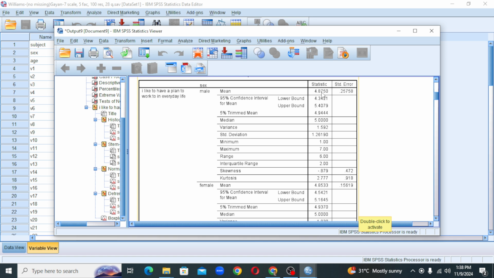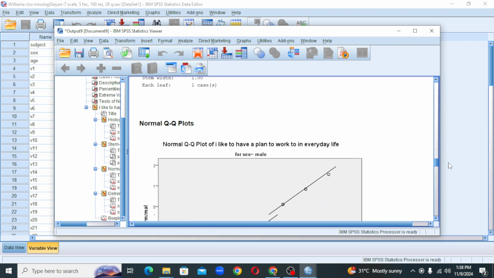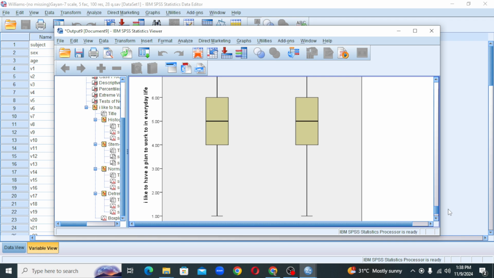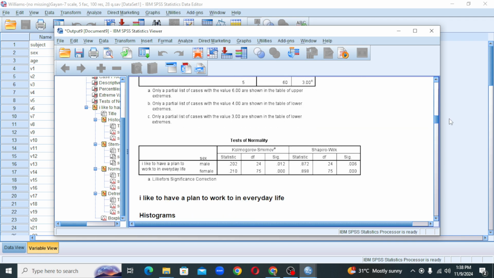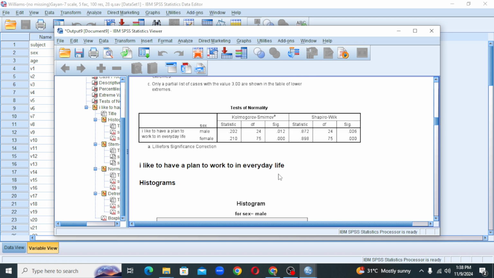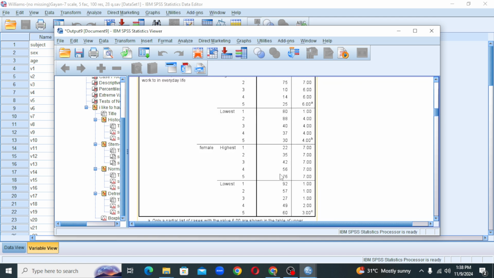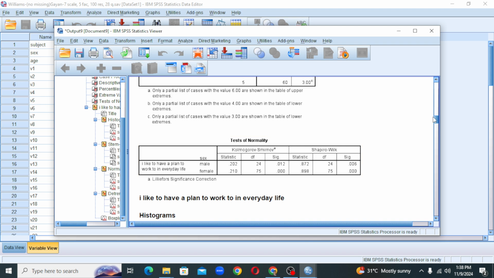Average is somewhere around 4.87 for males and 4.85 for females, and this indicates that the average is almost the same between these two groups.